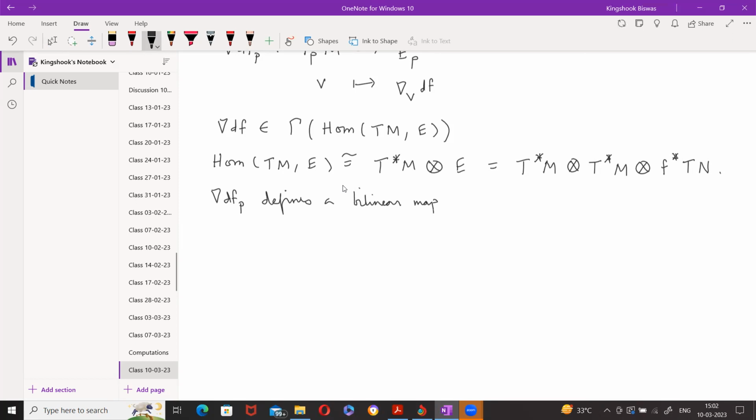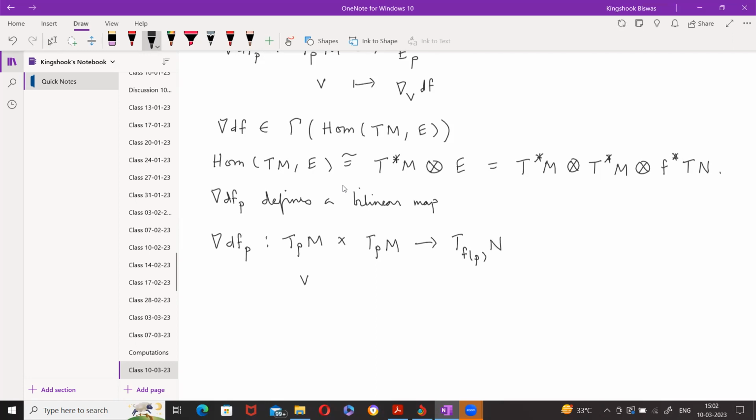But this is now going to be a vector valued bilinear map. So nabla df at P goes from T_P M cross T_P M to T_{F(P)} N.